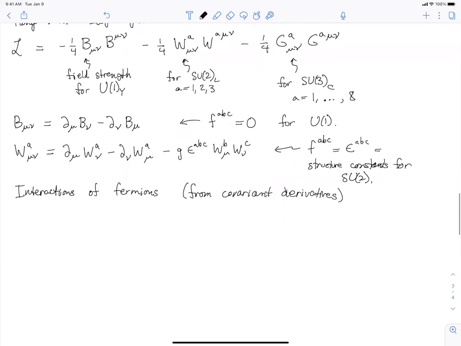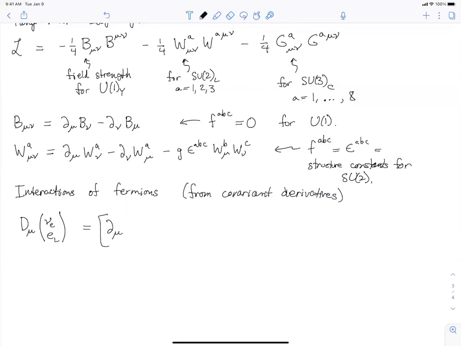Let me just write down the covariant derivative part that's going to be plugged into the Lagrangian. I have a covariant derivative acting, for example, on a doublet of left-handed leptons. And this is going to be equal to the ordinary derivative, which isn't going to give an interaction. That's going to give the propagator part.